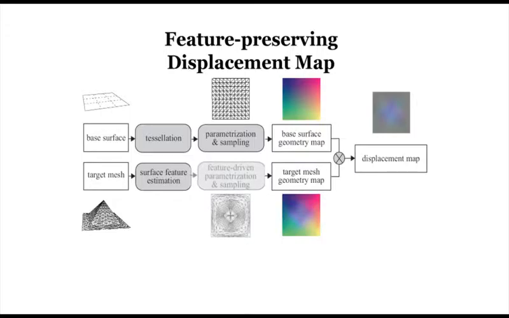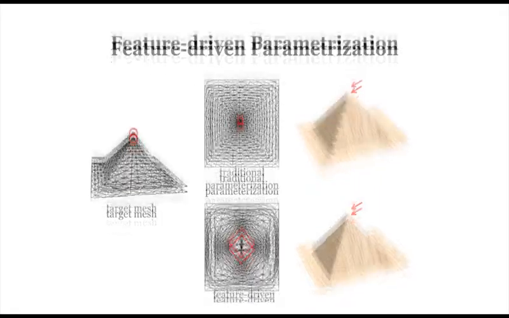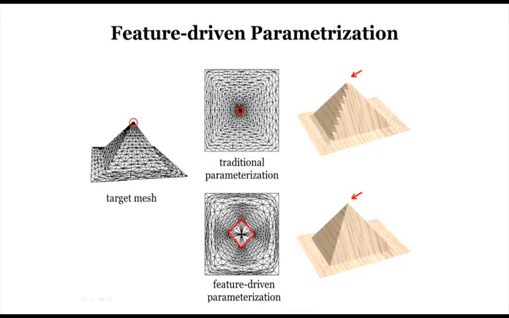Let's see the feature-driven parameterization and sampling in more detail. Consider the apex of the pyramidal target mesh. It is an evident feature. In the traditional parameterization and the feature-driven parameterization, compare the areas taken by the pyramid apex. In our method, the feature parts of the target mesh take larger areas.